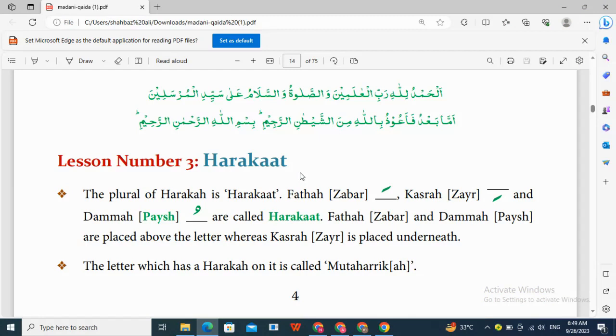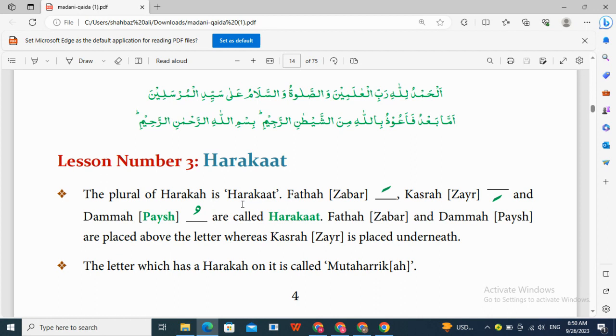Before moving forward, I will tell you that this lesson, as taught by many Holy Quran tutors, is wrong, because they do not explain the concept of harakat. So first of all, we should know the meaning of harakat.